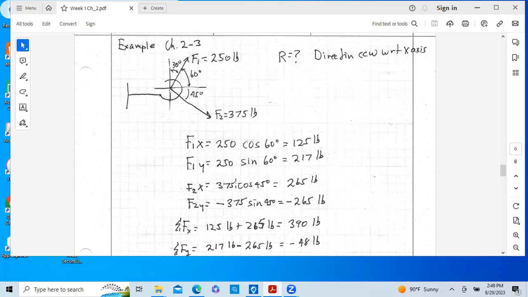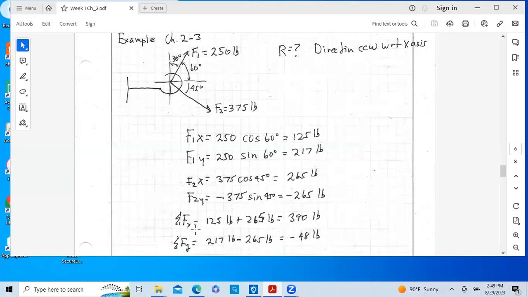F2x is 375 cosine of 45 degrees, 265. F2 in the y direction, the y component is directed in the negative direction, so that's going to have a minus sign, minus 375 sine of 45 degrees, minus 265.